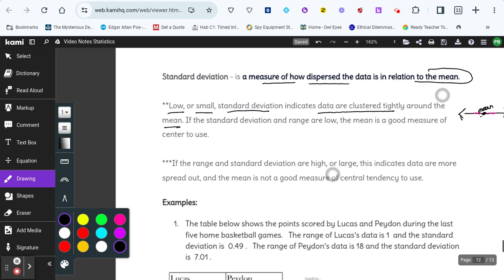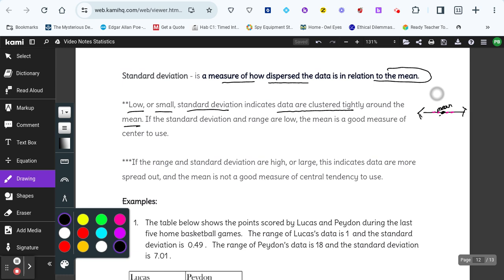All right. And then it says if the standard deviation and range are low, it's good to use the mean because all your numbers are close together. There are no outliers.